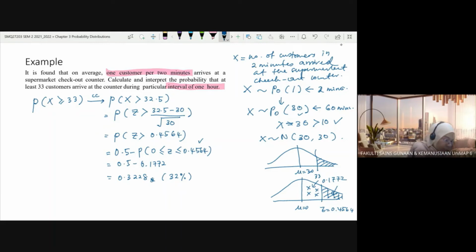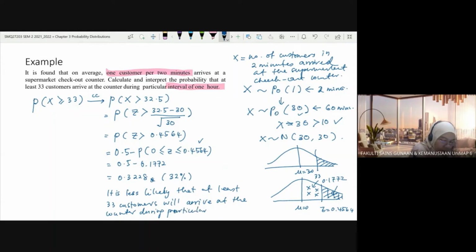So we can say it is less likely that at least 33 customers will arrive at the counter during a particular interval of 1 hour.